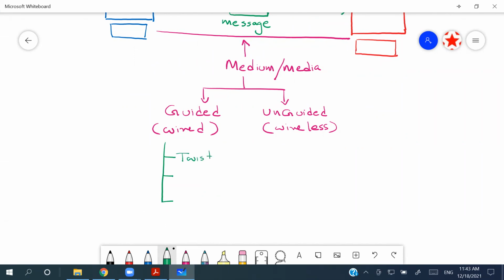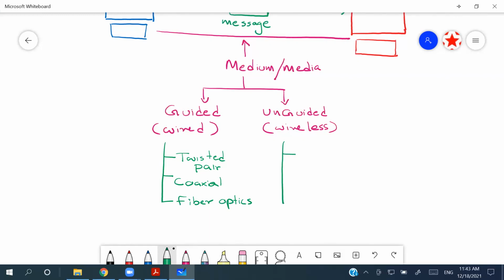We call them the twisted pair, coaxial, and fiber optics. So those are the wired media that we are going to talk about.